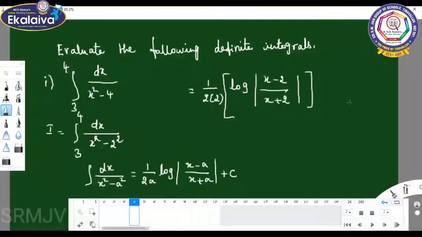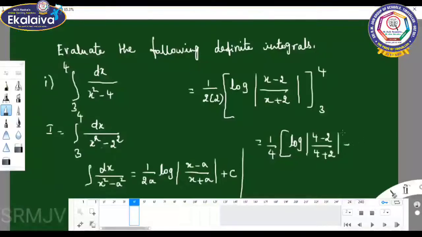What is the limit? The limit is 3 to 4. So it gives 1 by 4 into log of, you can apply the upper limit. What is the upper limit? 4 minus 2 by 4 plus 2, minus the lower limit.